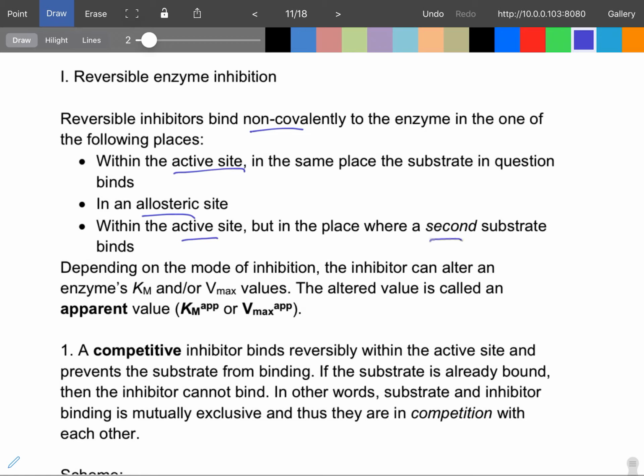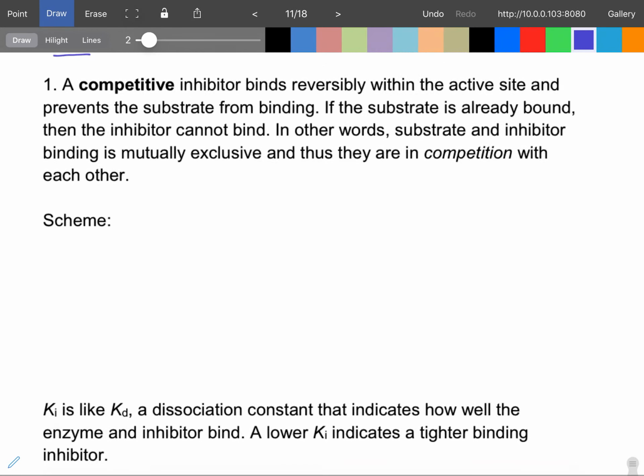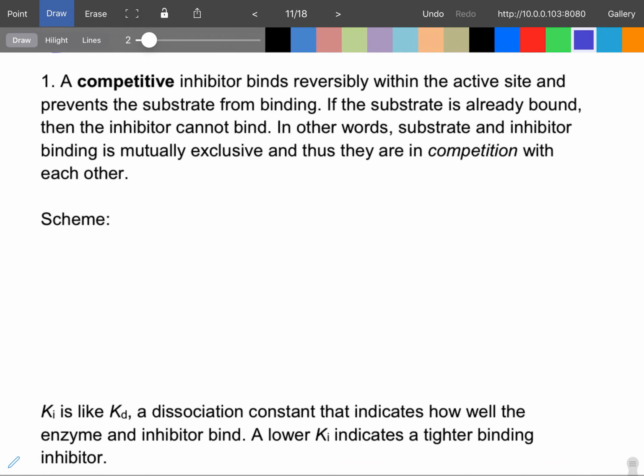Now, depending on how and where these inhibitors bind, they can change the Km or Vmax values, or both. We call the altered value an apparent value because that's the way it appears in the presence of that inhibitor. So we'll say Km apparent or Vmax apparent. The first one I want to talk about, and probably by far the most common, is what we would consider a competitive inhibitor.